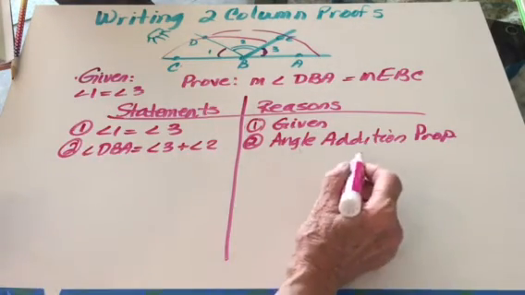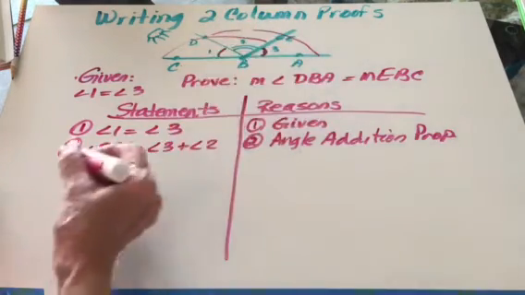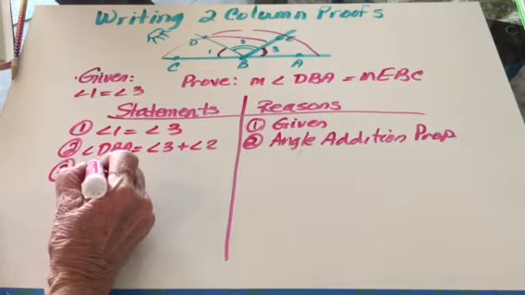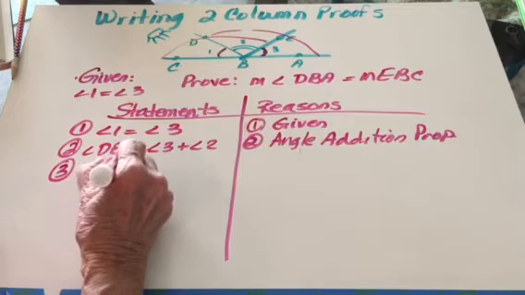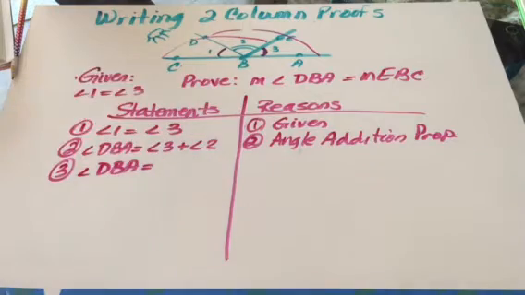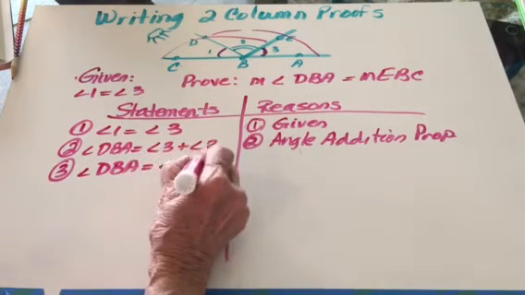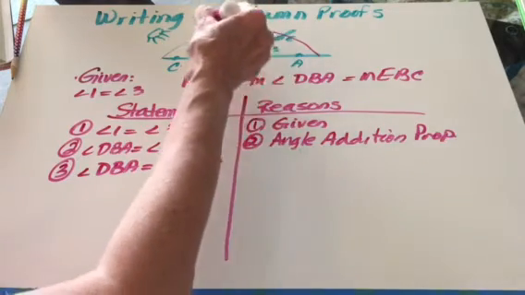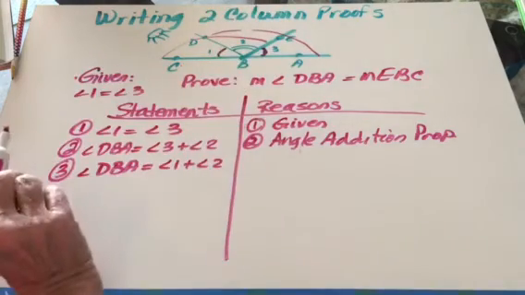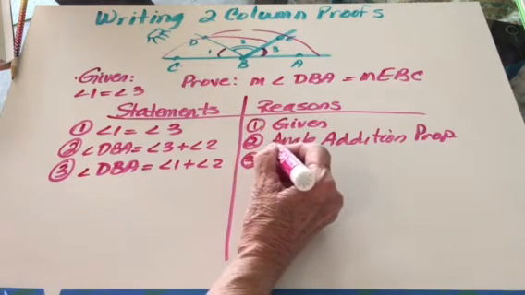All right, so now we know that much. We know that this equals those 2 things. Now, what else do we know? Well, on number 3, we know that DBA, now look, we're saying DBA again. Well, we can't say it equals 3 plus 2. This time we're going to say it equals 1 plus 2. Now, why? Why can we say that?